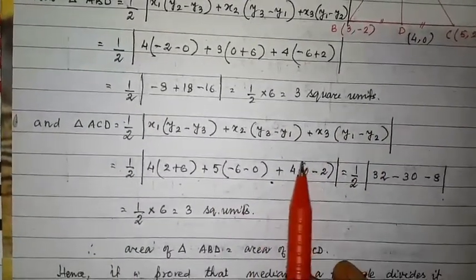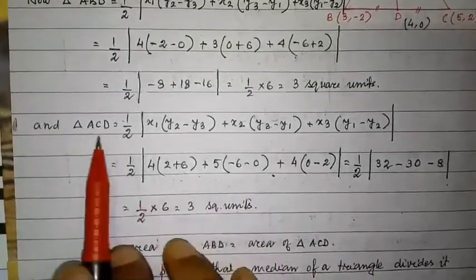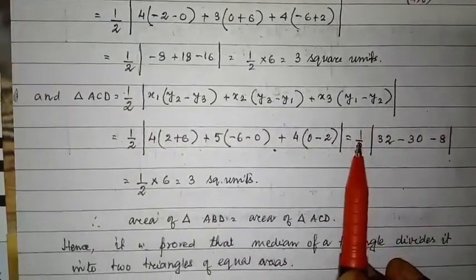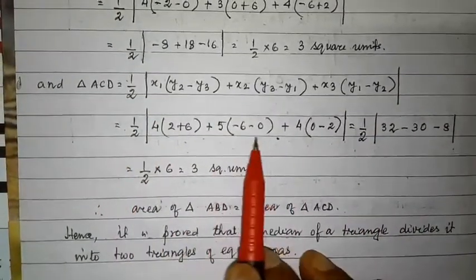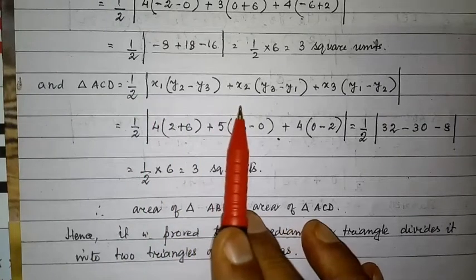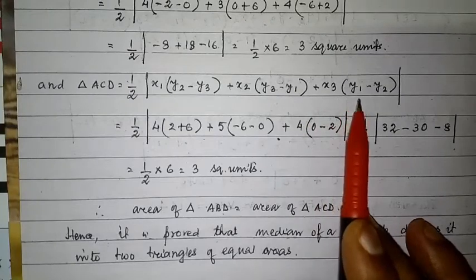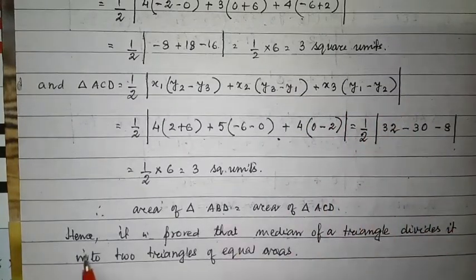Similarly, let us find out the area of the triangle ADC. Now for area of the triangle ADC, first let us write down the area formula. Half x1 (y2 minus y3) plus x2 (y3 minus y1) plus x3 (y1 minus y2) modulus.